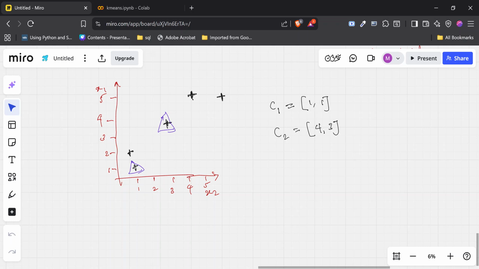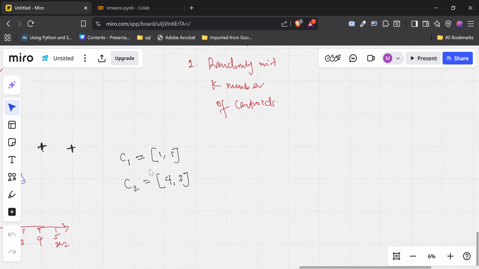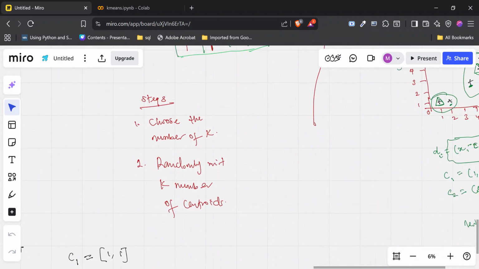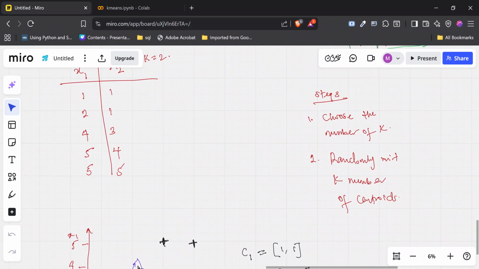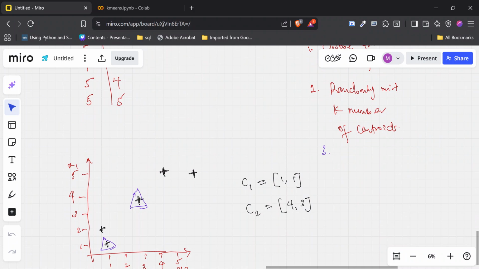So what's the next thing to do? The next thing to do after we've randomly initialized our centroids is going to be step 3. Let's put that here.